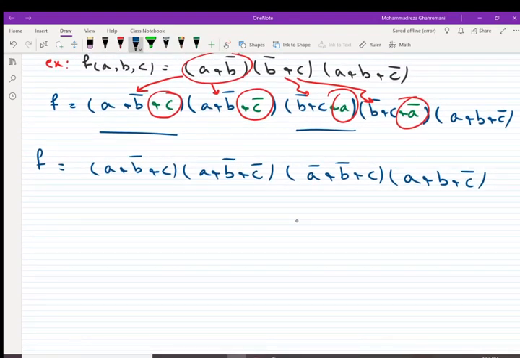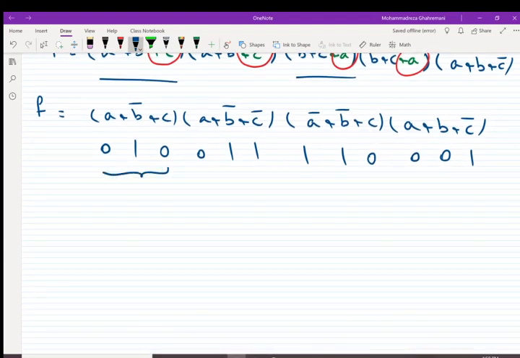Which maxterms are here? I'm using maxterm codes: a is 0, b bar is 1, c is 0; a is 0, b bar is 1, c bar is 1; a bar is 1, b bar is 1, c is 0; a is 0, b is 0, and c bar is 1.